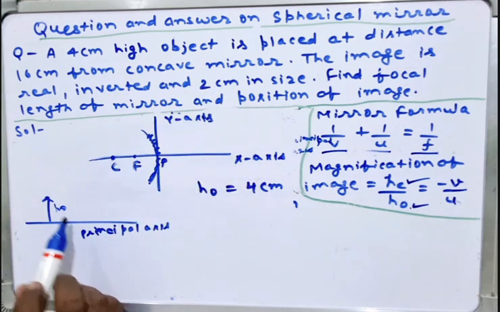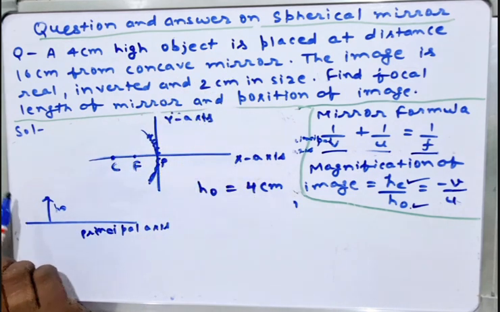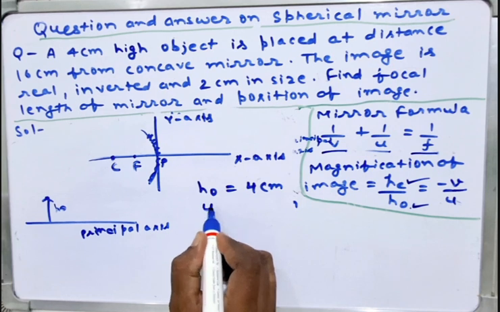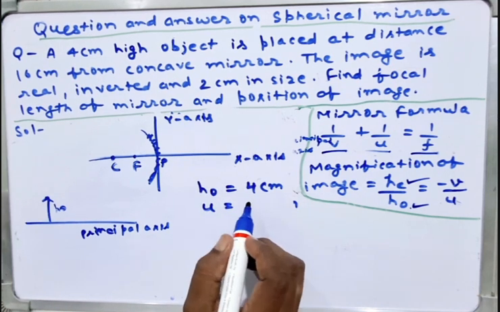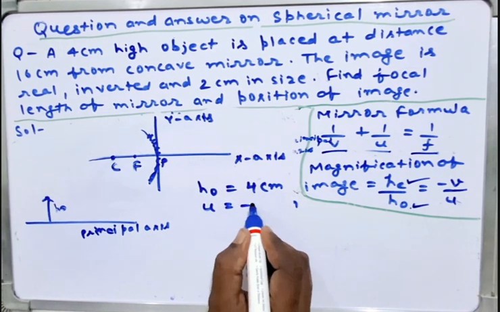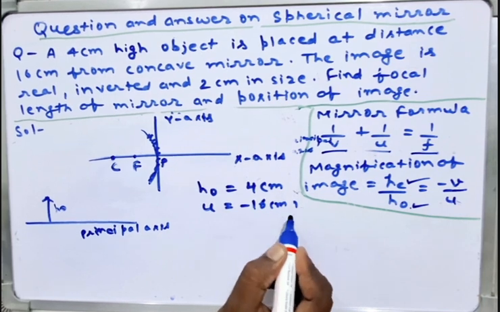Now the second information given here: at a distance of 16 centimeter from the concave mirror. So the distance between the pole and the object is, guys, what? u will come here as minus 16 centimeter. Why?